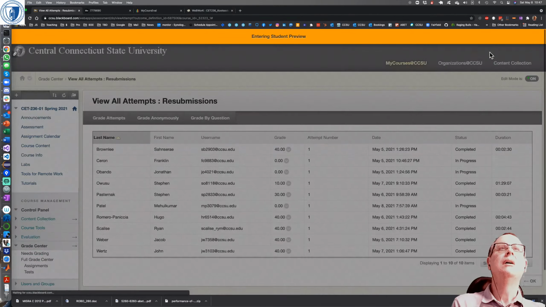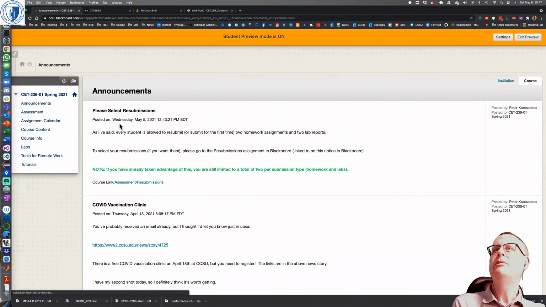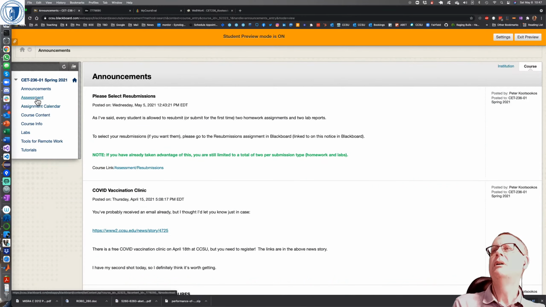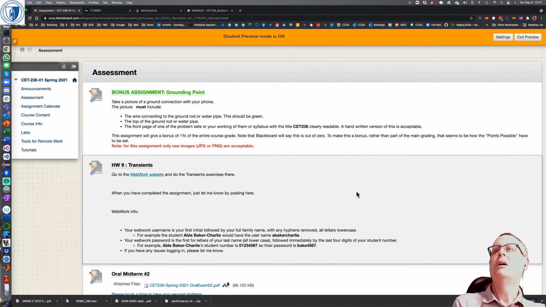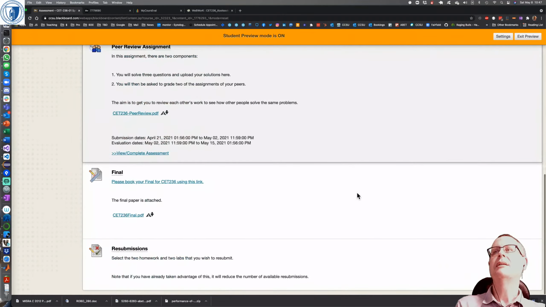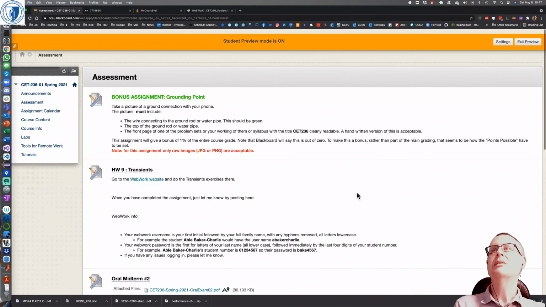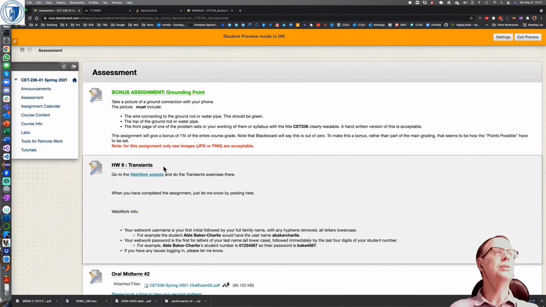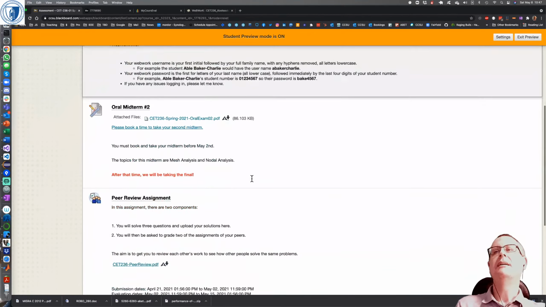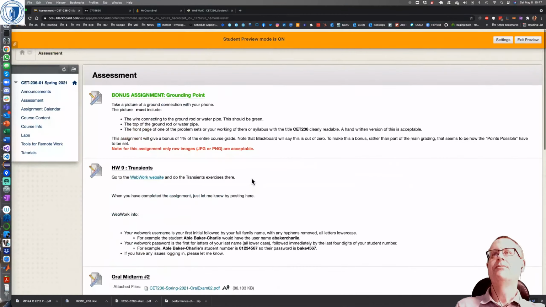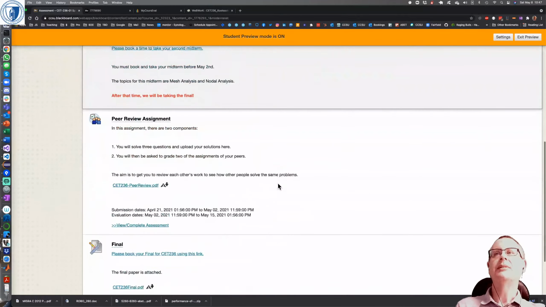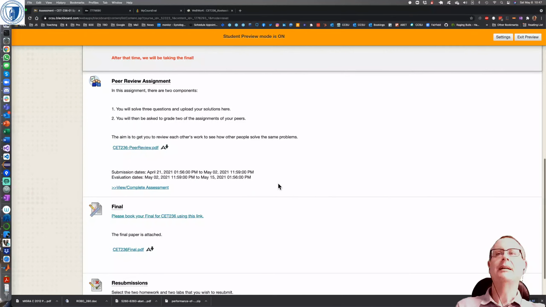So we can go into the student preview mode. And it looks like the only things I can see now are the homework which is due this evening, and the other stuff that's outstanding, and I obviously haven't done an oral.